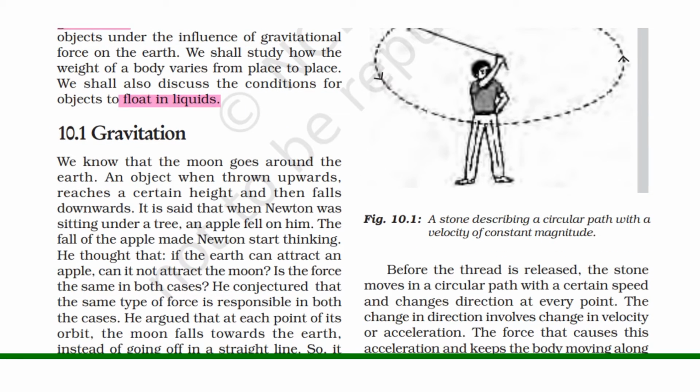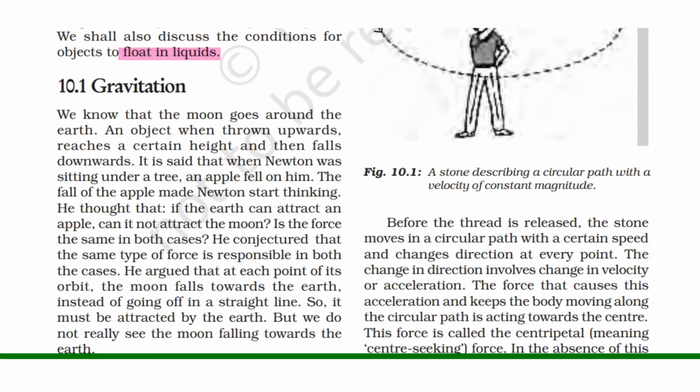Before the thread is released, the stone moves in a circular path with a certain speed and changes direction at every point. The change in direction involves change in velocity or acceleration. The force that causes this acceleration and keeps the body moving along the circular path is acting towards the center.